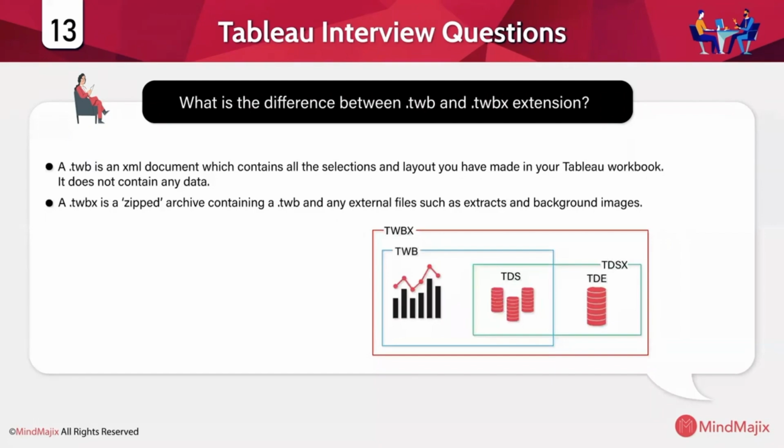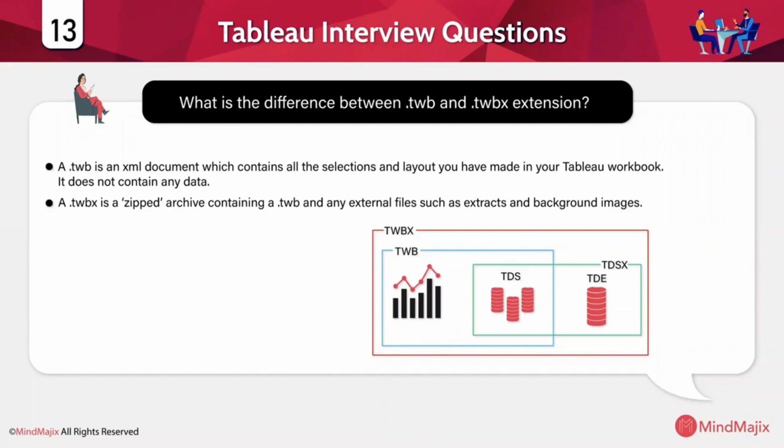Question number 13. What is the difference between TWB and TWBX extension? Basically, both are extensions coming from Tableau, but now we have to clear the idea of when it's called TWB, when it's called TWBX, and when it's called TDS and TDE. So let's understand that part. A TWB extension is an XML document which contains all the selections and layout you have made in your Tableau workbook.